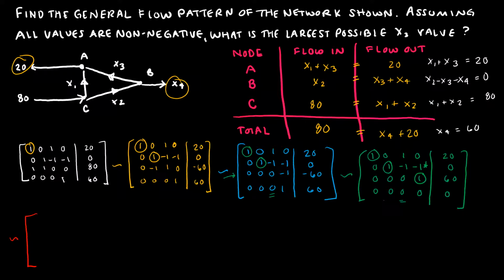That's going to give me a final matrix of 1, 0, 1, 0, 20, 0, 1, negative 1, 0, 60, 0, 0, 0, 1, 60, and 0, 0, 0, 0, 0, and that's what we have.